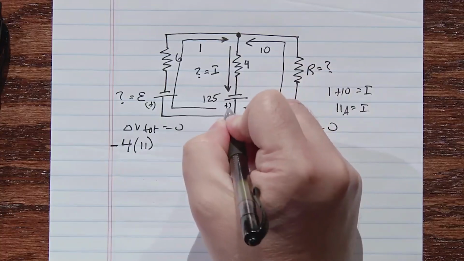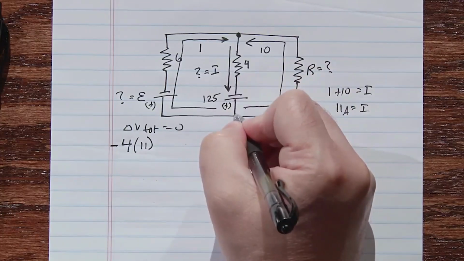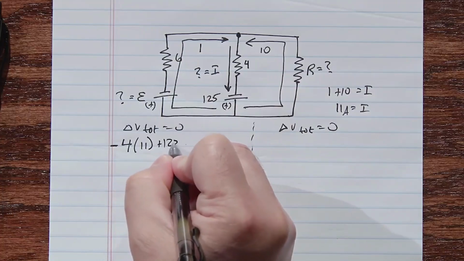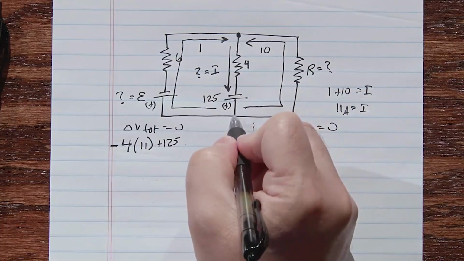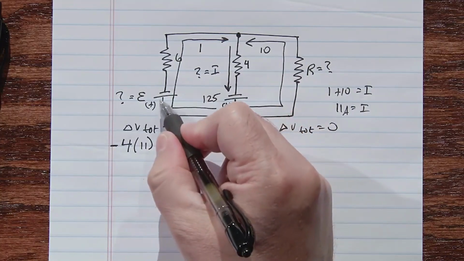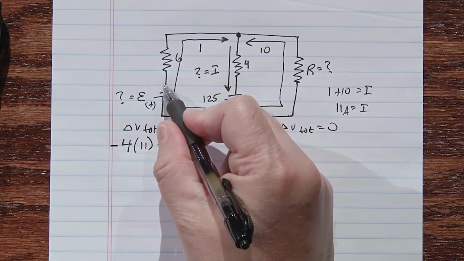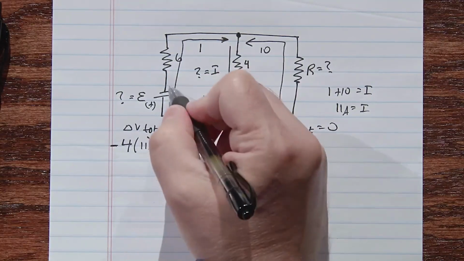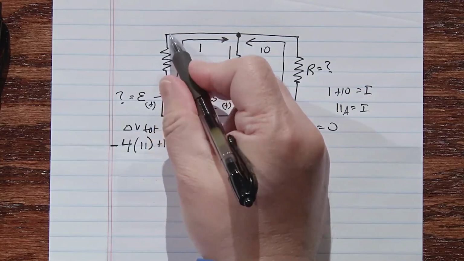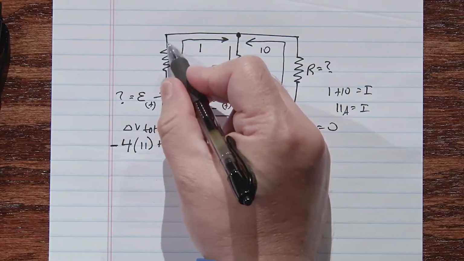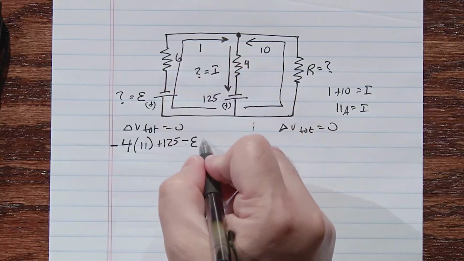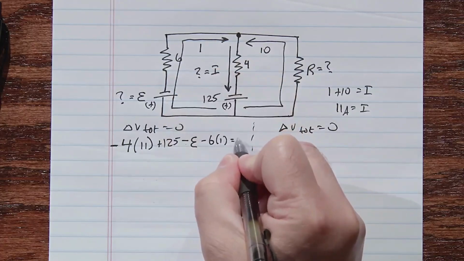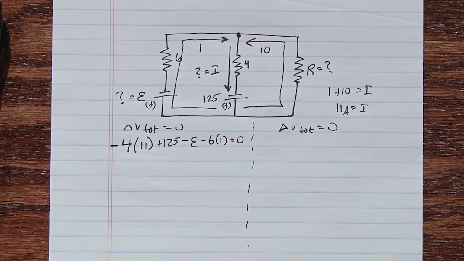And then I'm going across this battery in the up voltage direction, so that would be plus 125. And now I'm going to turn this way. I'm going across this battery in the down voltage direction, so that'd be minus E. And then I'm going across this resistor with the current, or down voltage, so minus 6 times the current, which is 1, and all of that has to equal 0.